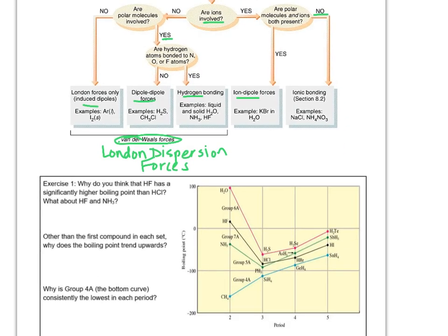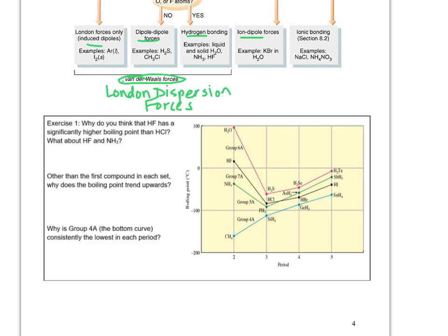All right, let's look at this little example problem that we put in here. Exercise 1 says, why do you think that HF has a significantly higher boiling point than HCl? So when I look at where HF is, it's comparing HF to HCl, and HCl is way down here.